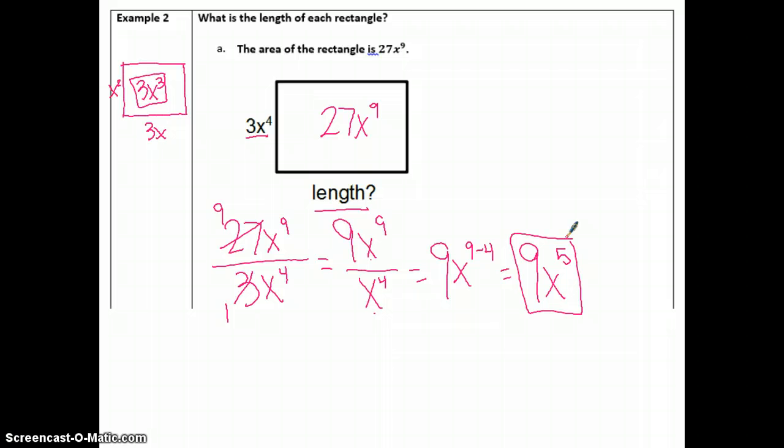So what I'm saying there is that the length of my rectangle is 9x to the 5th power. And I can check that. 3 times 9 gives me 27. X to the 4th times x to the 5th gives me x to the 9th. So I know that that's correct.